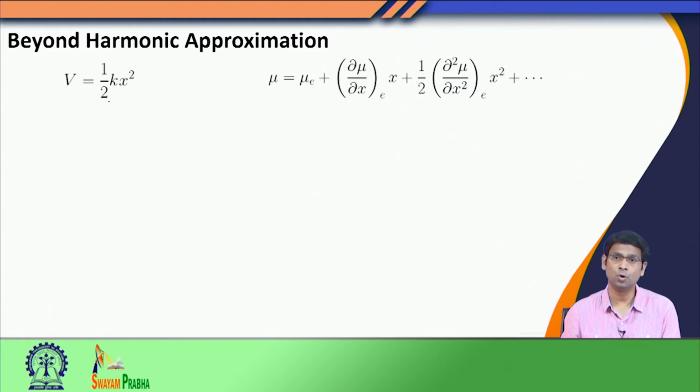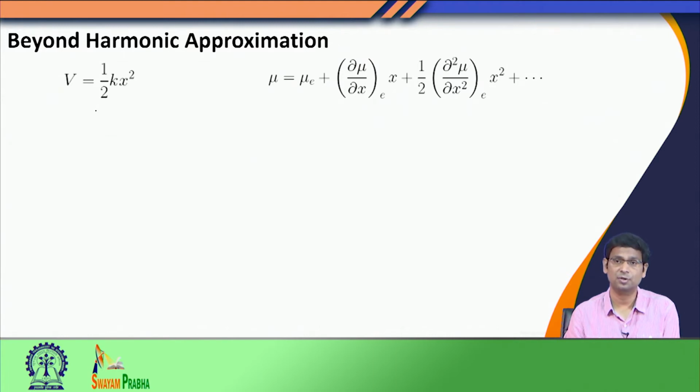That means I can keep on stretching or shrinking the molecule, or I can keep on giving more and more energy to the molecule, and the molecule will simply vibrate more and more. That means the bond is extremely elastic, it will never dissociate. But we know that in reality that is not the case. So, therefore, defining the molecular potential as half k x square, which is a harmonic potential, is a limitation by itself.